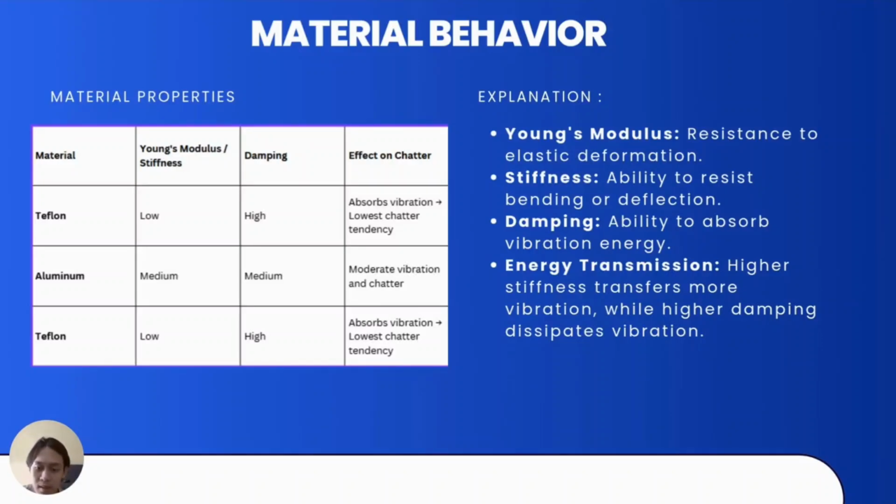For mild steel, high stiffness but low damping transmits vibration energy efficiently through the structure, making it susceptible to chatter. Teflon sits on the upside, and it has low stiffness but very high damping.